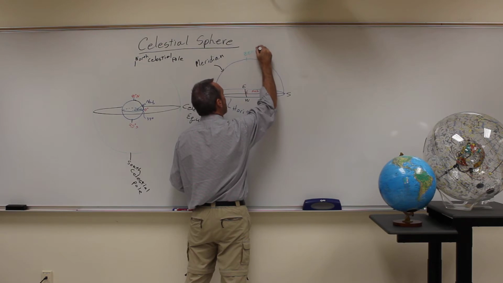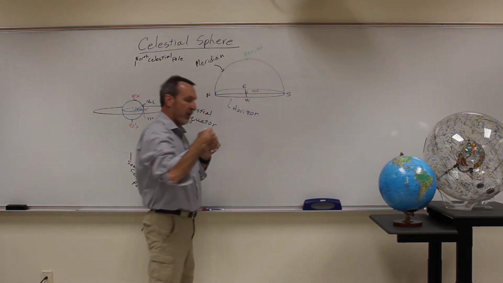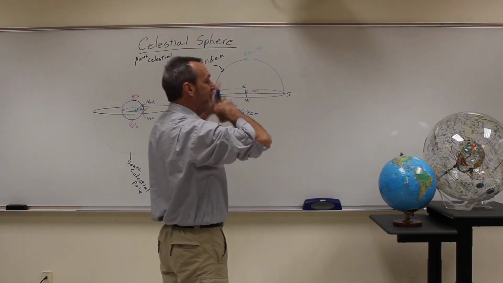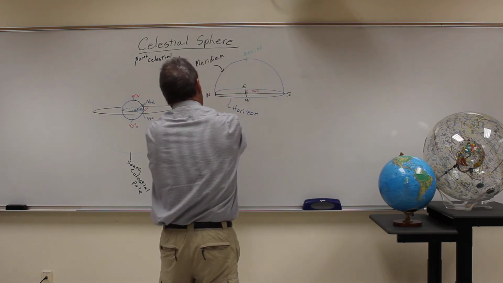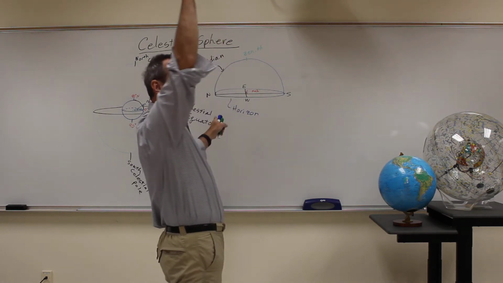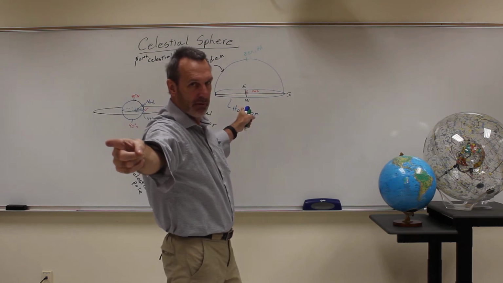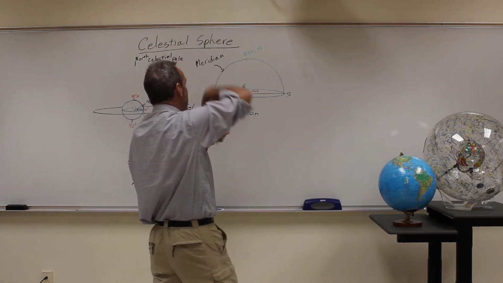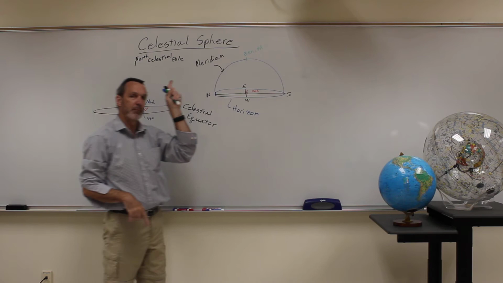It's called the zenith. So straight up is the zenith. If I'm facing to the south, this would be an imaginary line that goes straight up through the top, through the back, and down to the north point. So it goes from north to south through your zenith. We call that the meridian.